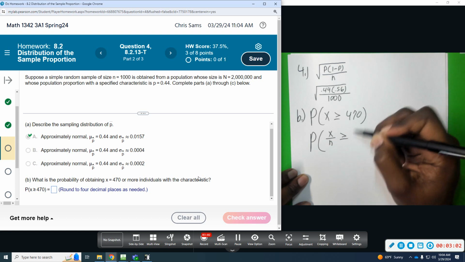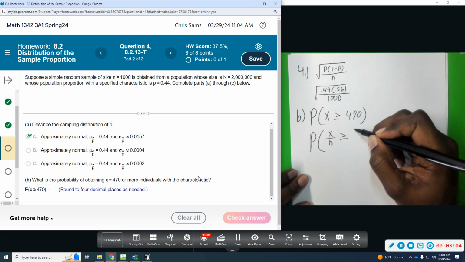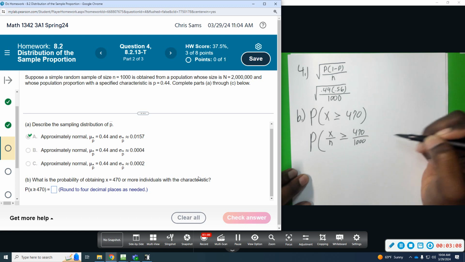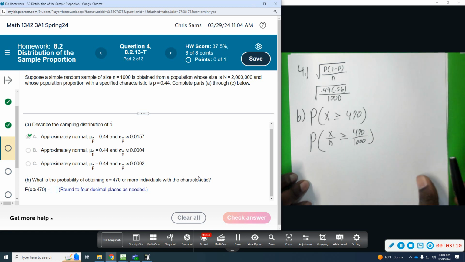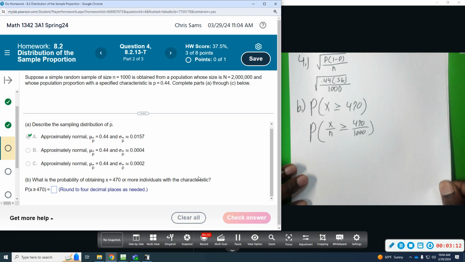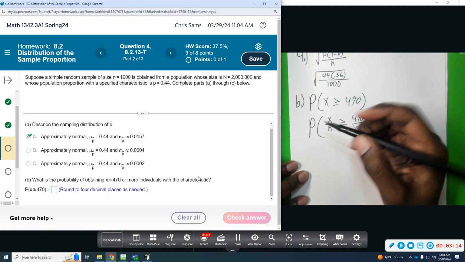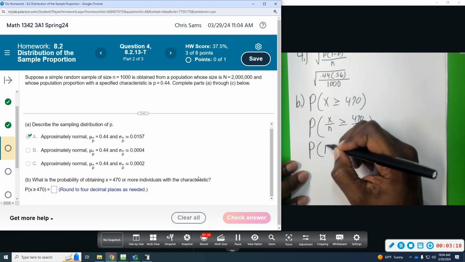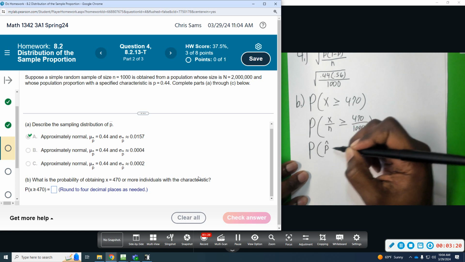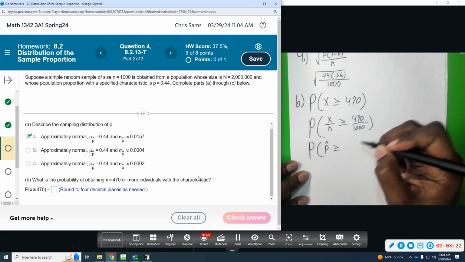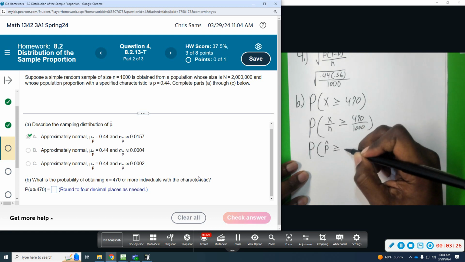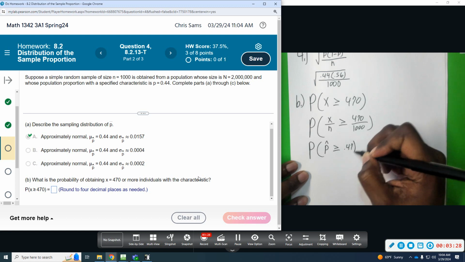So we're looking for this to be greater than or equal to 470 over 1,000. When we convert this to a decimal, x over n is the same thing as p hat. So we're saying now, what's the probability that the sample proportion, when we divide by 1,000, is greater than 0.47. So this is what we're actually looking at.